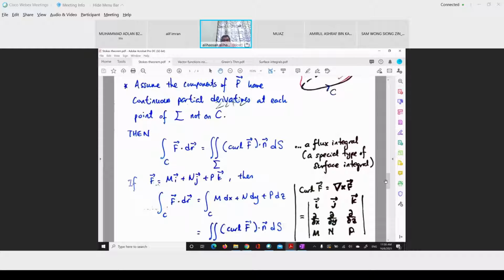So we have a vector field F here in the surface integral, and we have a normal vector n here in the surface integral. So I need to explain the idea of the flux integral here, and why in Stokes theorem we have the surface integral with an integrand of this form.